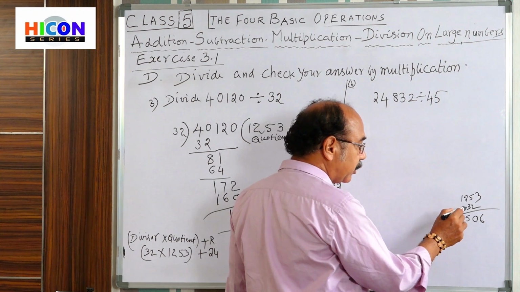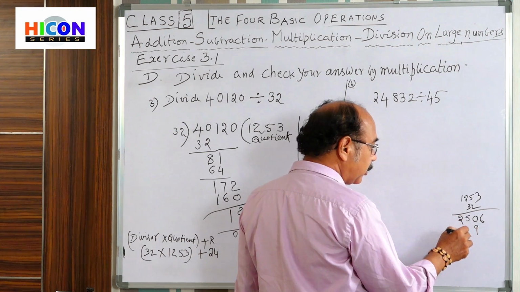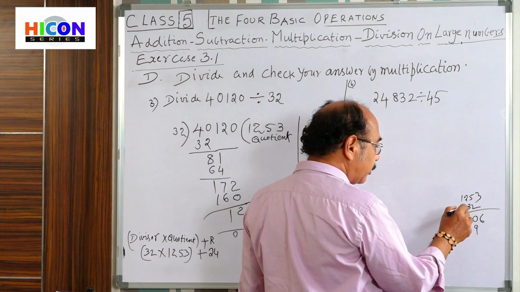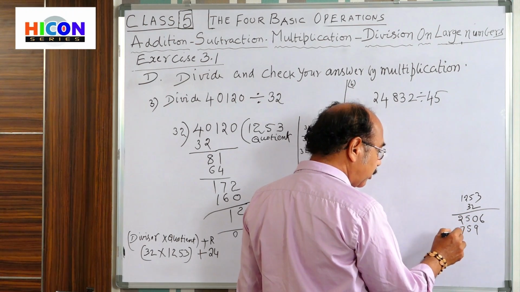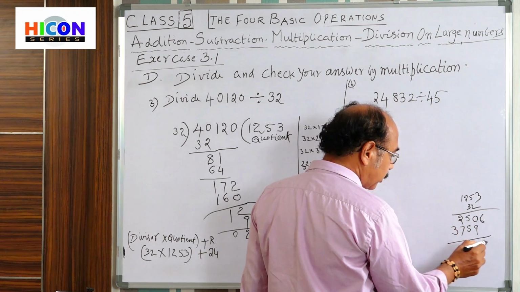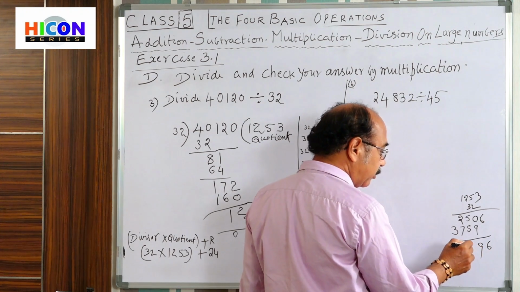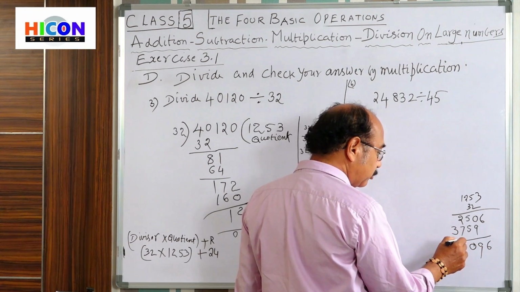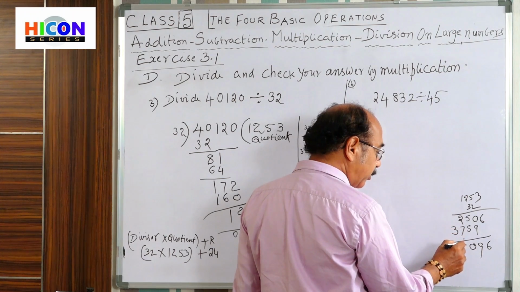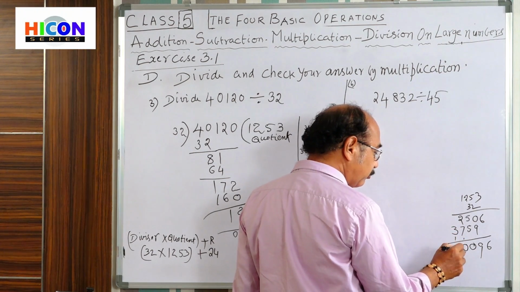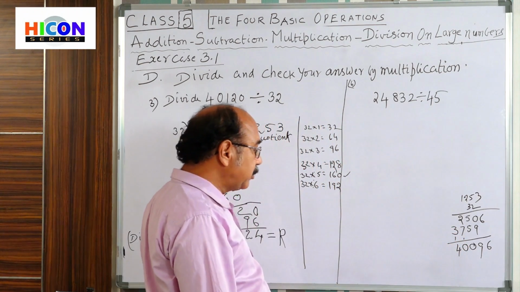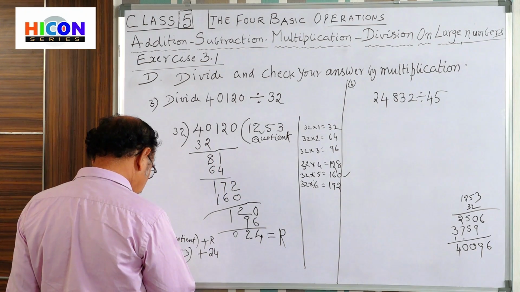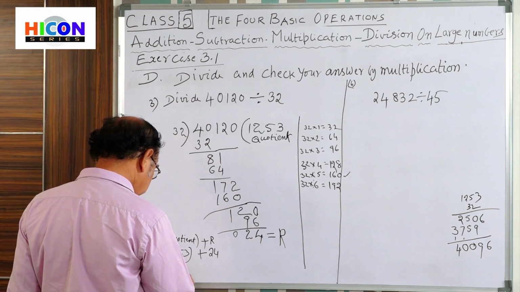Now multiply by 3. 3 threes are 9, 3 fives are 15, 5 and 1 carry, 3 twos are 6 plus 1, 7, 3 ones are 3. Adding gives 4, 0, 0, 9, 6.